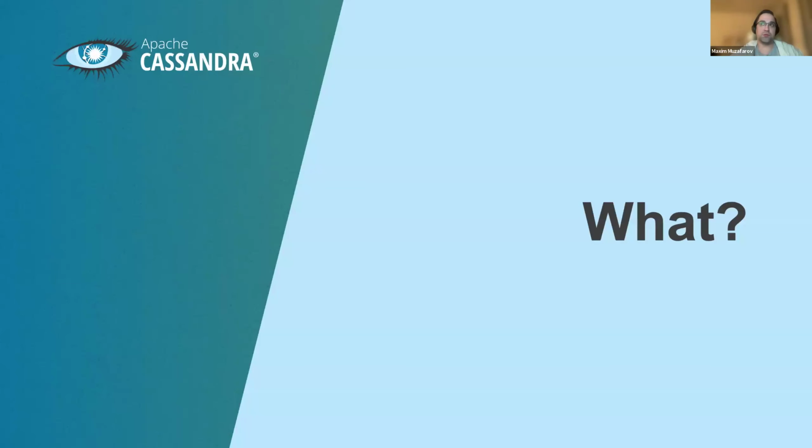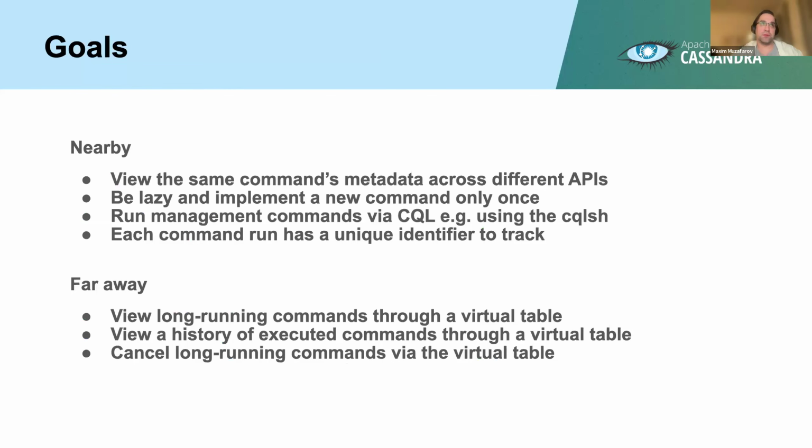So we want to fix it, and our goal is that we want to be lazy and implement a management command only once. We want to implement it once on the node side, and some kind of internal machinery makes this command available for different APIs.